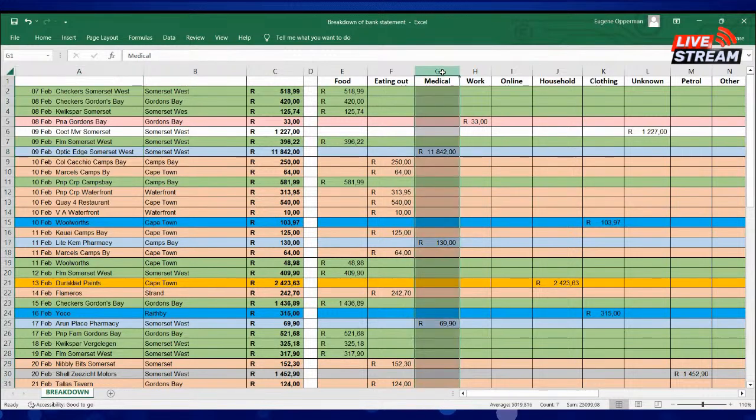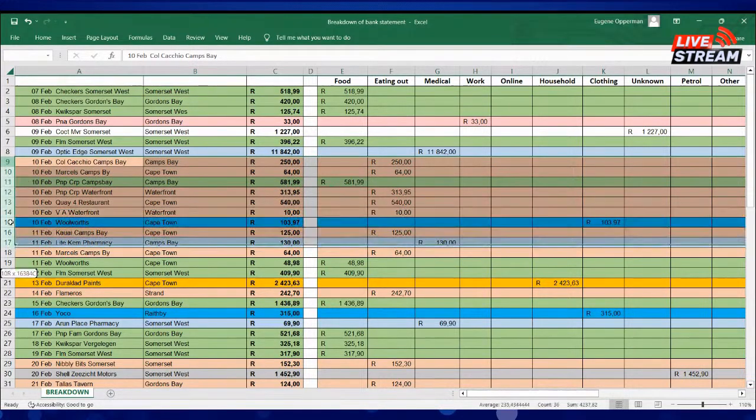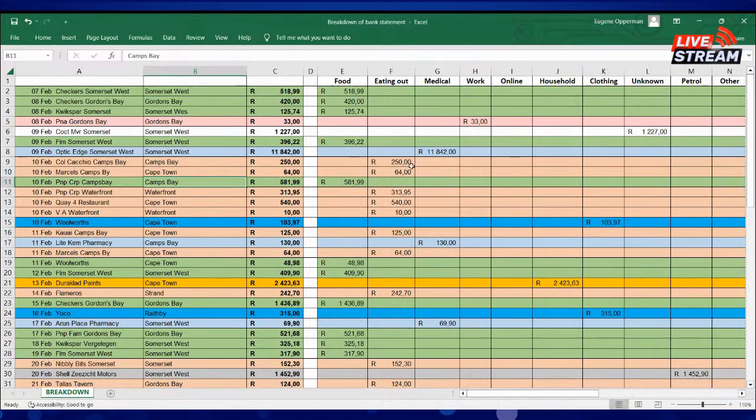And there also you could question the respondent on, you know what, if he does have a medical aid, why was it necessary for an additional payment of 11,000 Rand? Was it for him? Was it not for his girlfriend? Was it not for somebody else? That is definitely something that could be cross-examined and be clarified beforehand. Colcacho in Camps Bay, here we can see probably the weekend away. In Camps Bay, there was eating out.